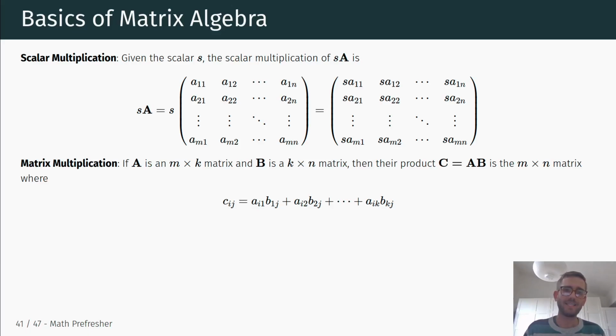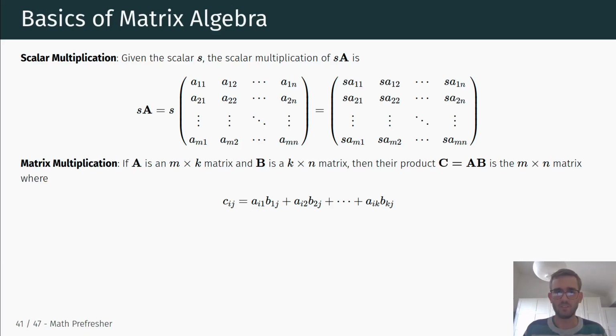In general, if A is an m by k matrix and B is a k by n matrix, so the number of columns in A is equal to the number of rows in B, then their product C will be an m by n matrix. Note how the columns in A are equal to the rows in B, and the result will be an m by n matrix.